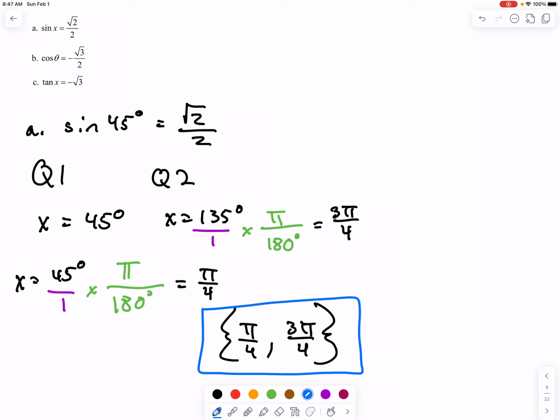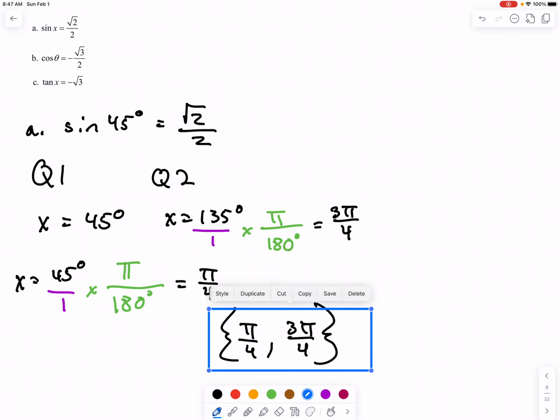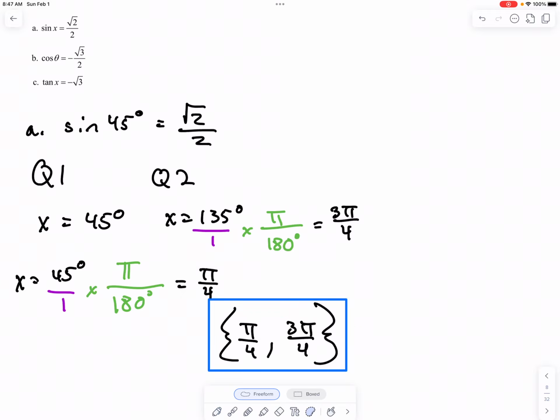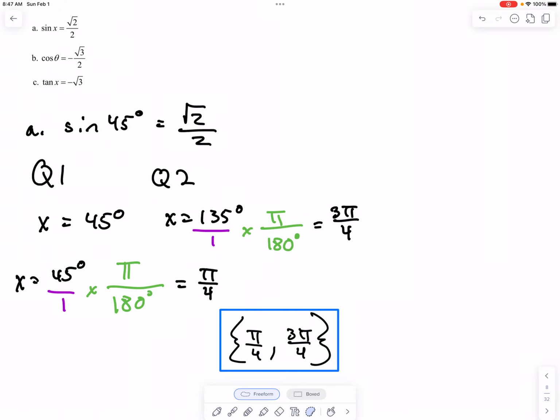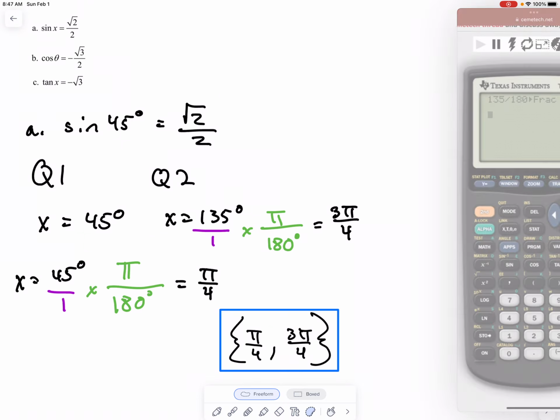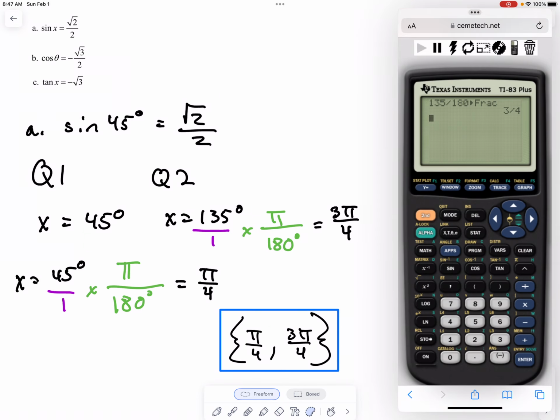One of the pitfalls is missing an angle, but at least for the angles that you find, you can confirm that these work in the original. So let's just check that real quick. We have our results in radians, so I think we're already in radians. I'm going to go to my y equals, I'll put sine of x, and I want to evaluate this when x is pi over 4.